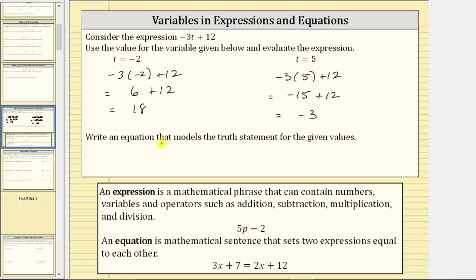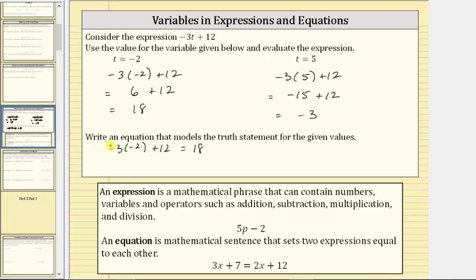Next, we are asked to write an equation that models the truth statement for the given values. Remember, an equation is when we set two expressions equal to each other. So the equation that models the truth statement when t equals negative 2 is negative 3 times negative 2 plus 12 equals 18.